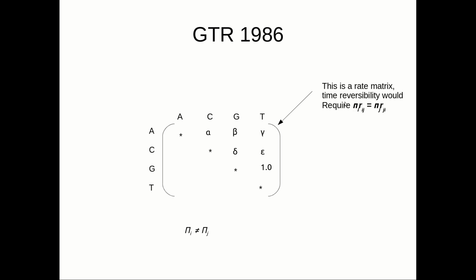So, of course, if all our stationary frequencies are identical, meaning that they have a probability of 25% or a frequency of 0.25, this automatically holds. But as soon as I allow the stationary frequencies to be different from each other, this time reversibility property does not hold anymore for our rate matrix.